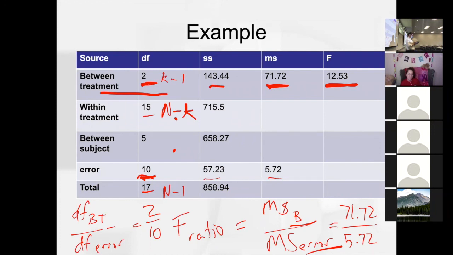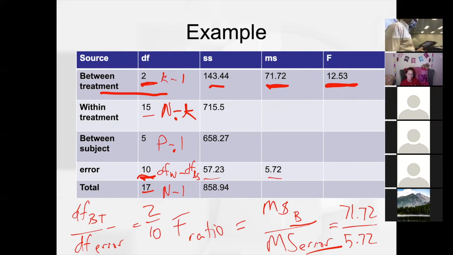Between subjects is p minus 1. And your degrees of freedom error is your degrees of freedom within minus your degrees of freedom between subjects. Does that help?